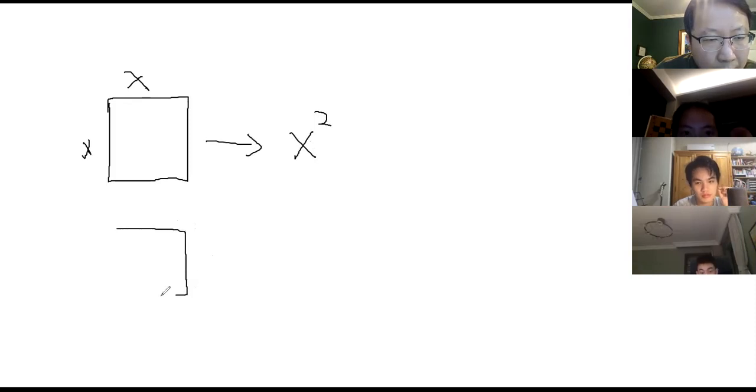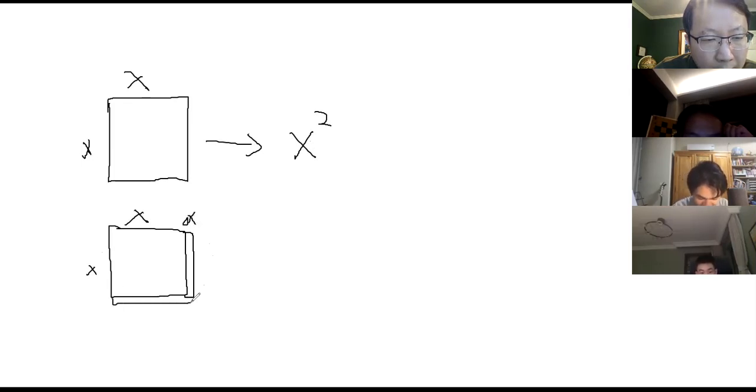So now you have x, and you add a little bit, delta x, and here you're also adding a little bit, delta x. Basically, for a square with side length x, the area is x squared, right? So that's the function we are interested in right now.